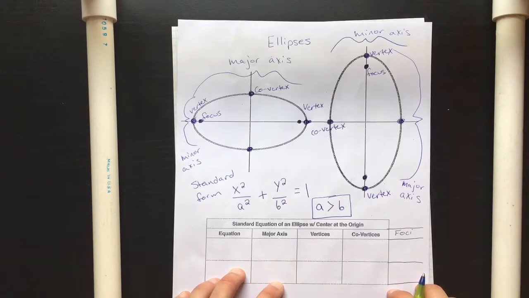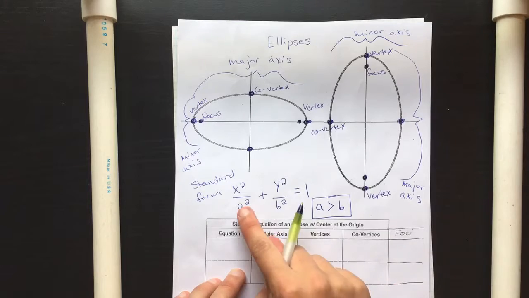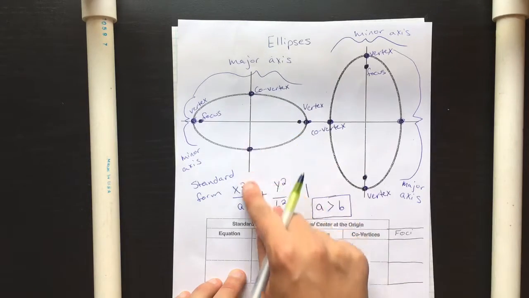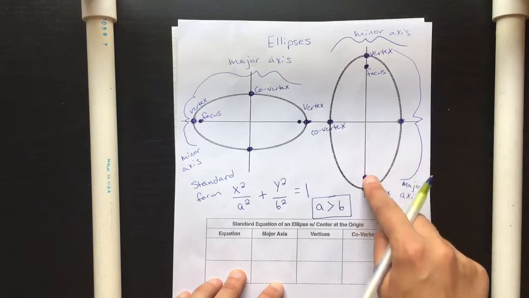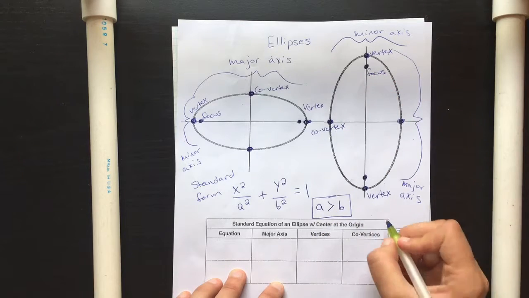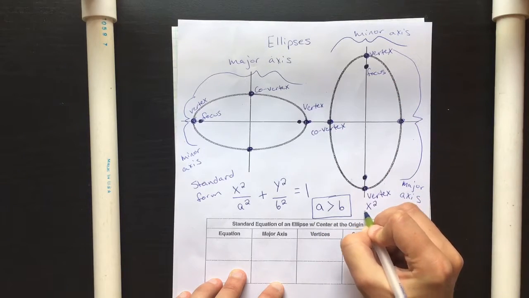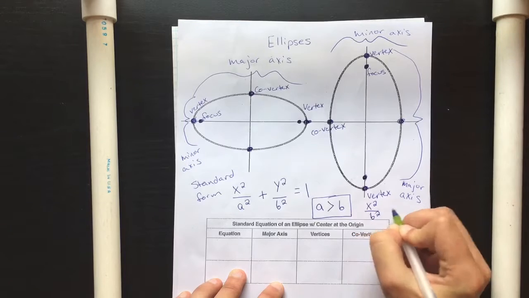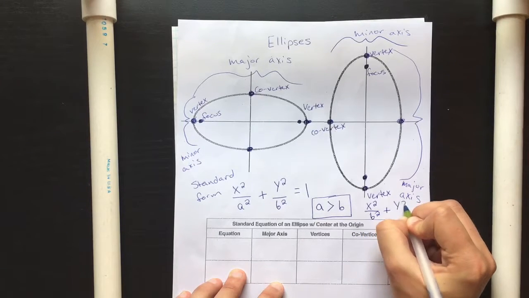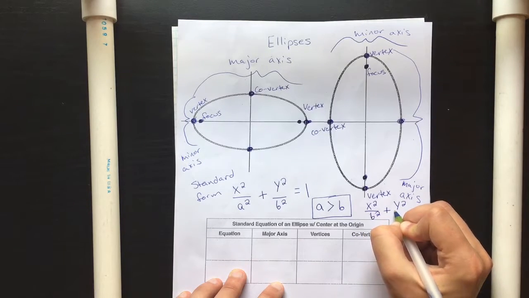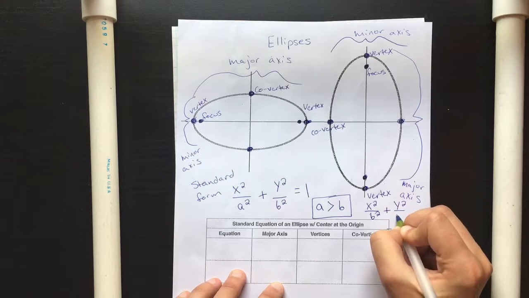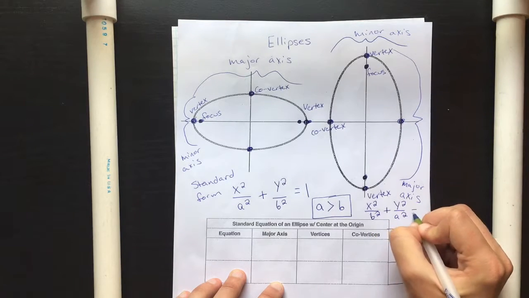A is always greater than b. So this equation is the standard form of this ellipse, and the standard form of the other ellipse is similar, just that we have x squared over b squared plus y squared over a squared equals 1.